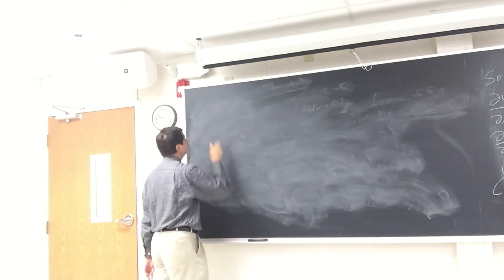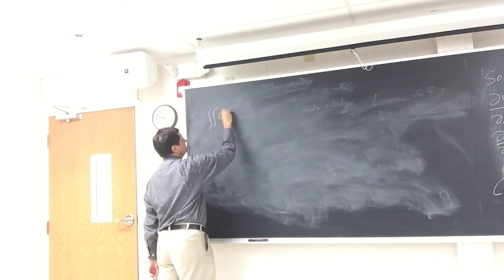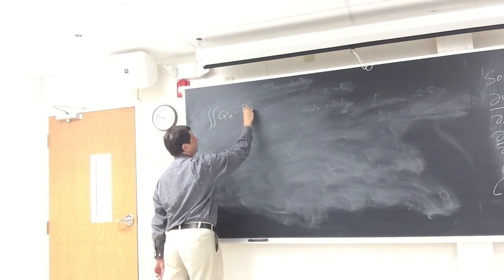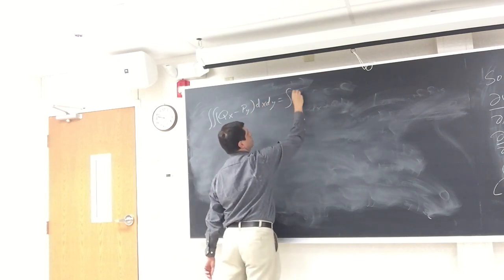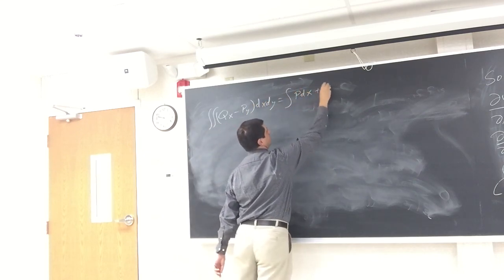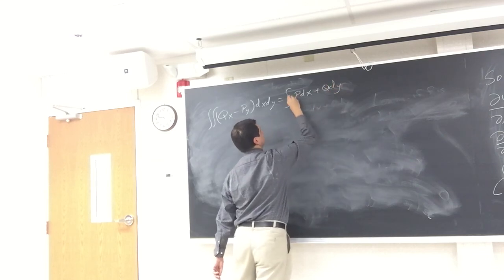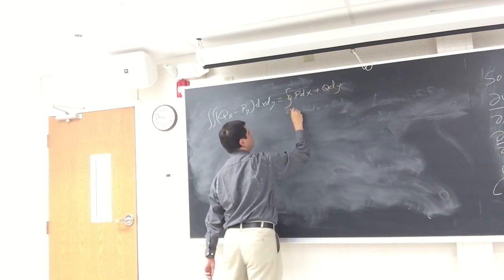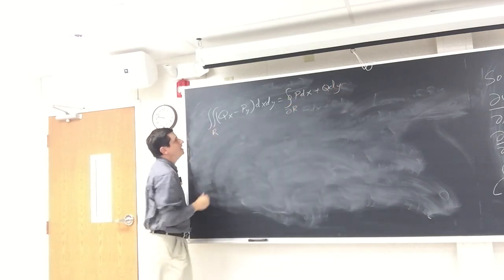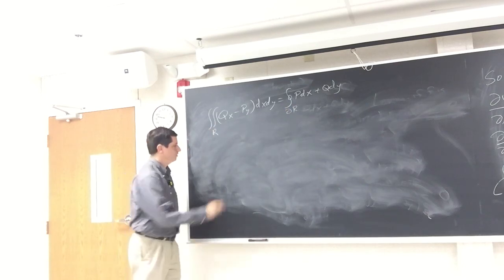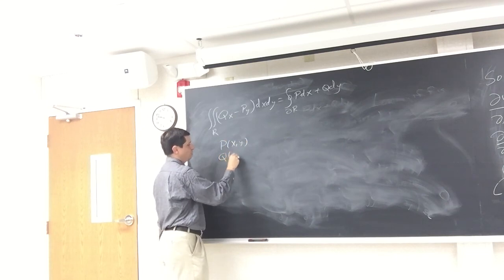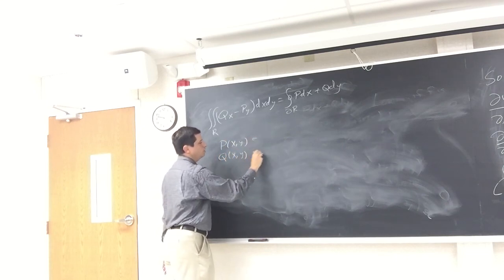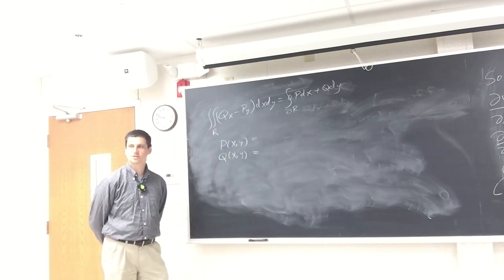So Green's theorem says the integral of q sub x minus p sub y dx dy is the integral of p dx plus q dy. Here's the integral over the boundary of the region. Here's the integral over the region. There's a really good choice for your function p of x,y and your function q of x,y. Does anybody know the choice people often like to use to get something really nice?